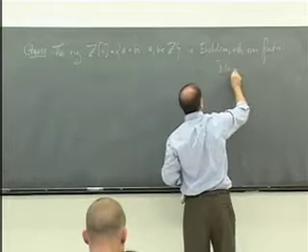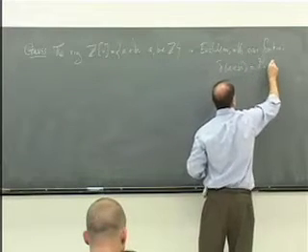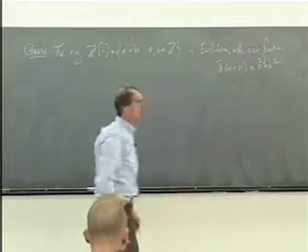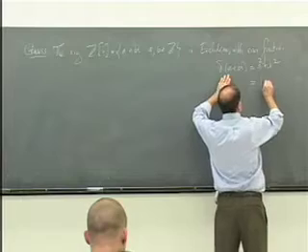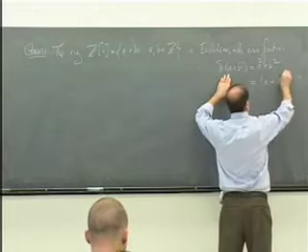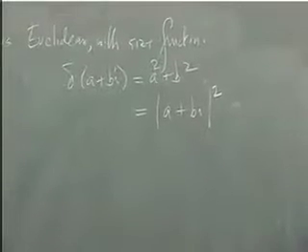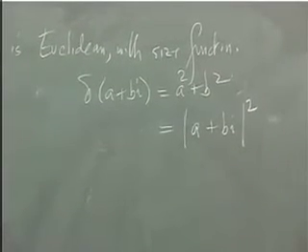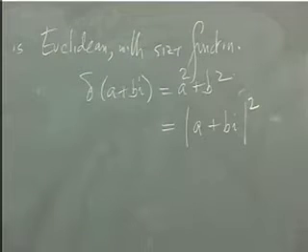Delta of a plus bi is equal to a squared plus b squared. So that's the absolute value of a plus bi quantity squared. See, this is like an absolute value function, so we might try it for the Gaussian integers. Is that going to work? Okay, so let's see why that's true.